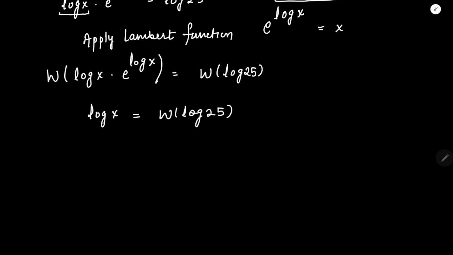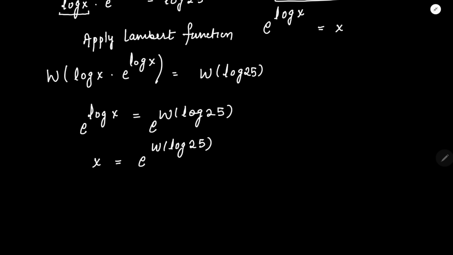Okay, then I have here log x. So I want to eliminate this log. What should I do? I should take exponential on both sides. I can take both of these in the power of e. Left hand side will become x and right hand side is e raised to power W of log 25.